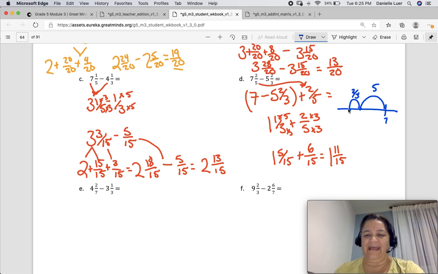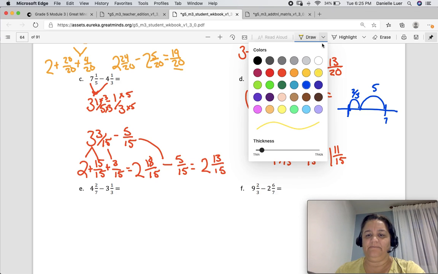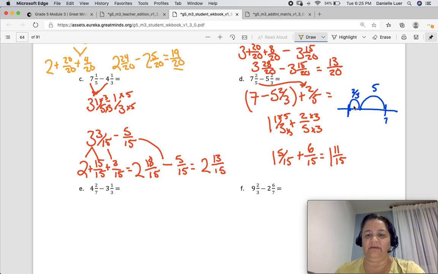Okay. Then I landed here. What I'm going to do is re-add on my 2/5, which is going to be here, and I ended up right there. That's where I ended up, which was 1 and 11/15.